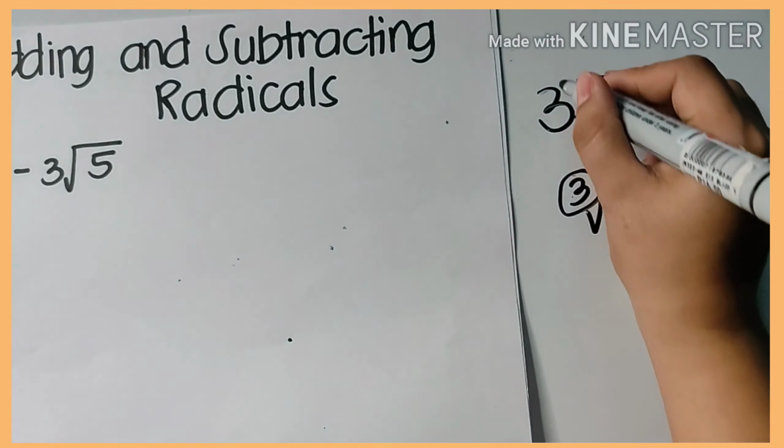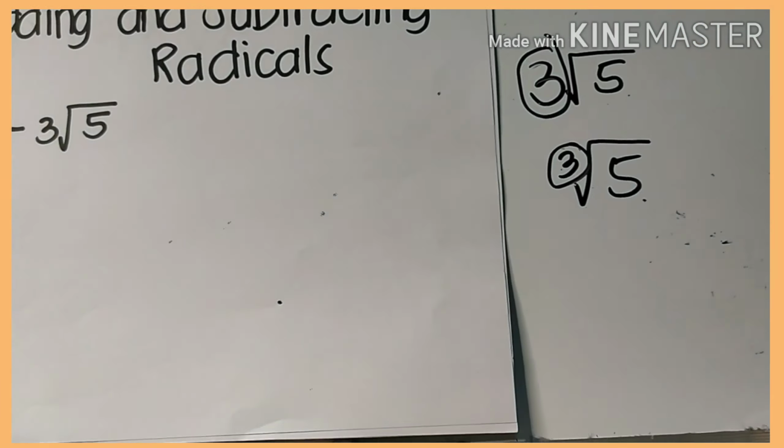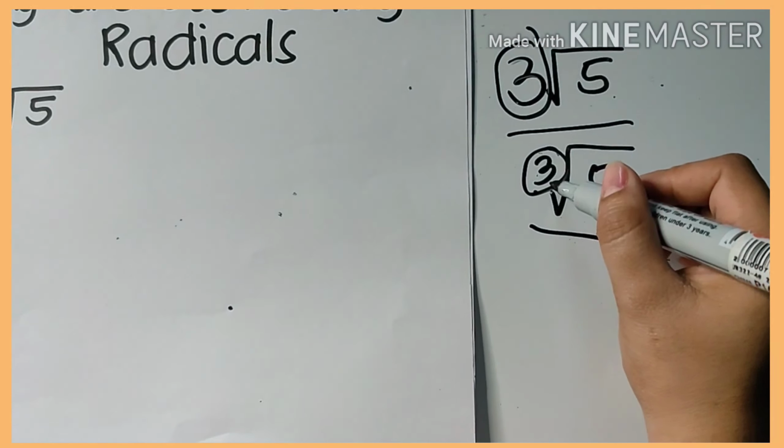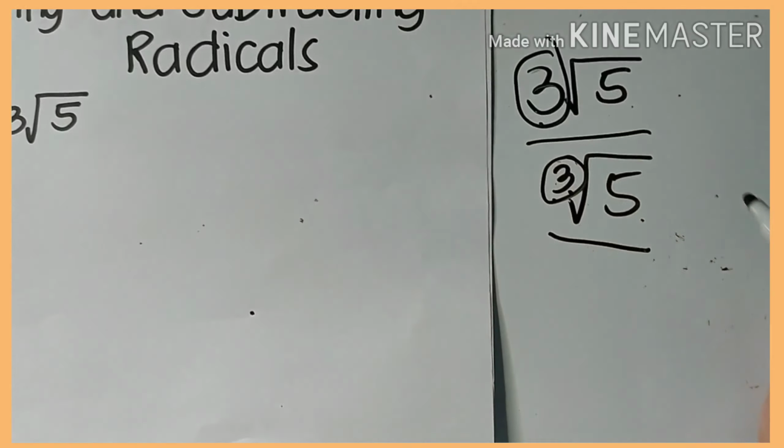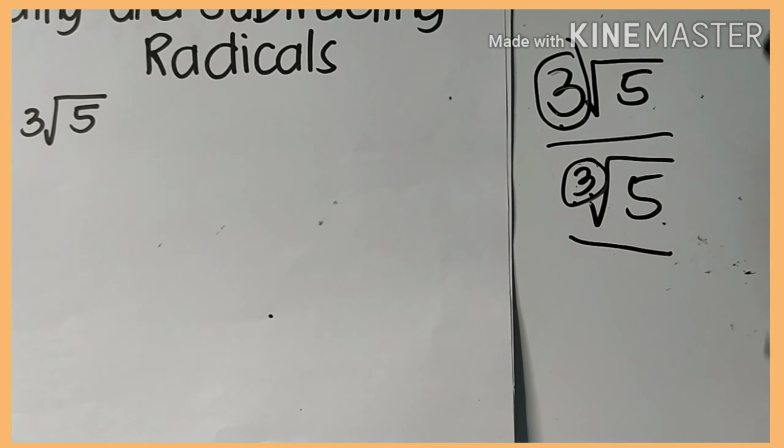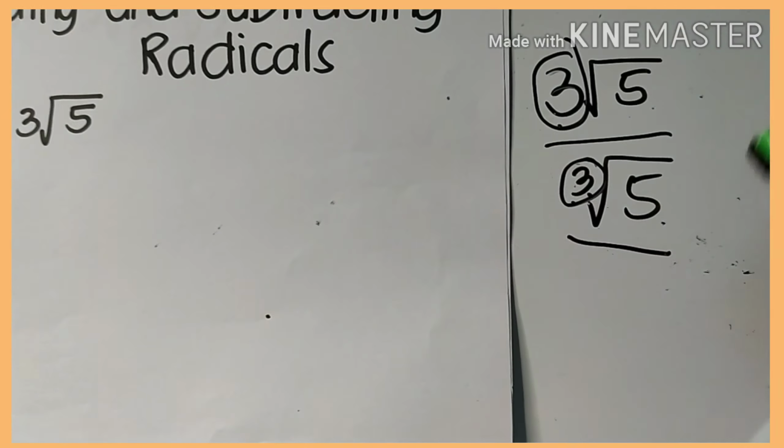The index is different from the numerical coefficient beside the radical expression. They play different roles in this expression. So if you write this kind of expression, you have to emphasize your cube root or index and your numerical coefficient, because otherwise it might cause an error in solving your expression.